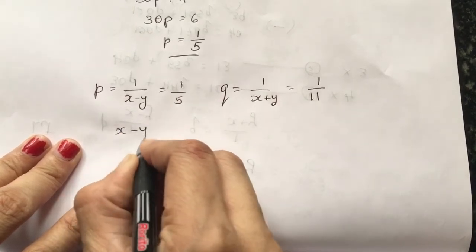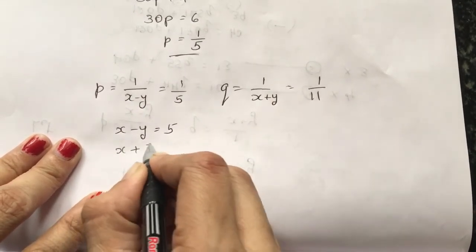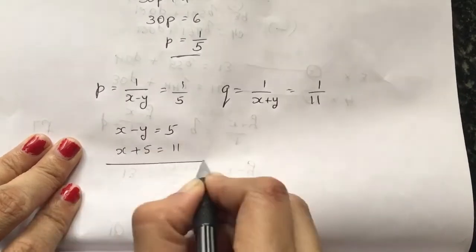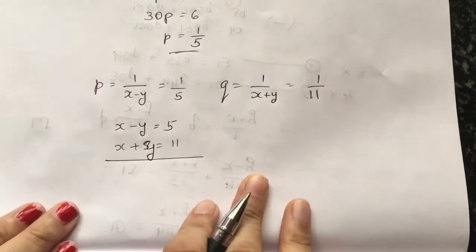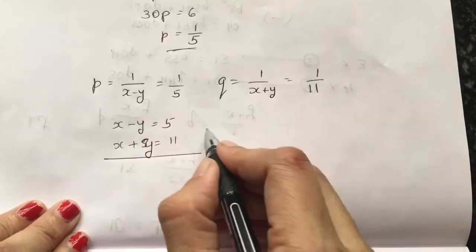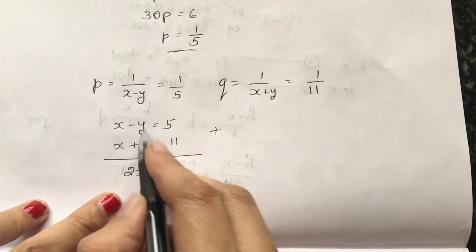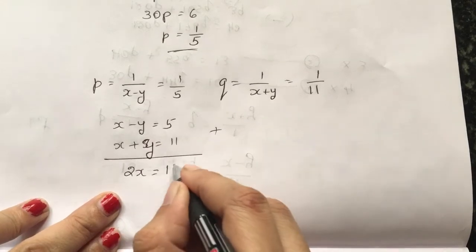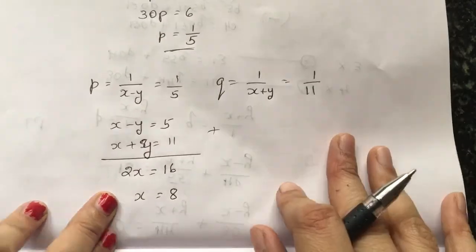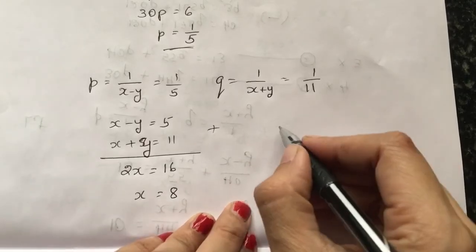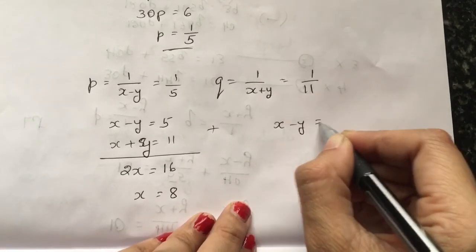Now go for solving them. x minus y equal to 5 and x plus y equal to 11. Just add them. You get 2x equal to 16, as y gets cancelled. So x equal to 8. Substitute x equal to 8 in x minus y equal to 5.